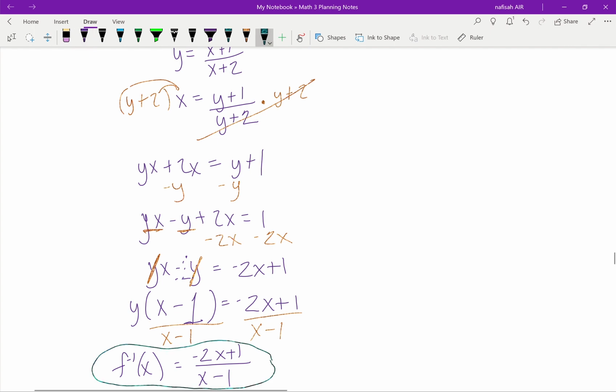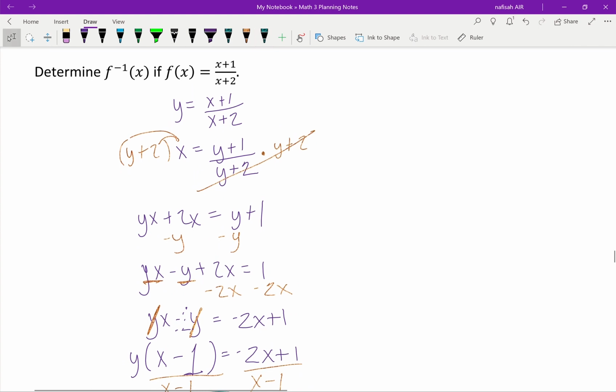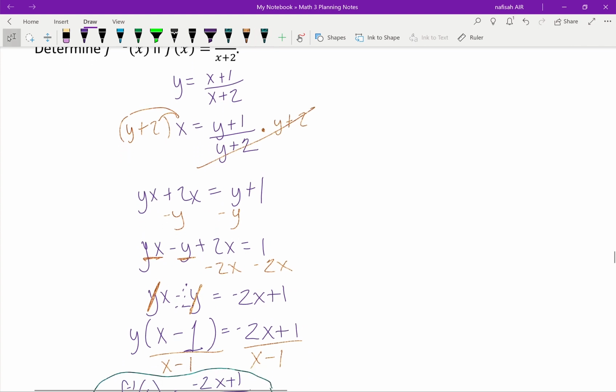Right here. Now, this step confuses people. Multiplying by the denominator doesn't usually confuse people. Distributing the x does not usually confuse people.